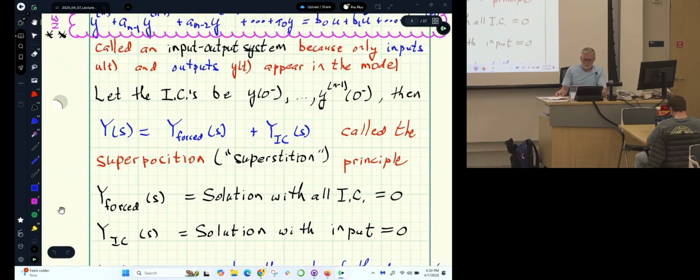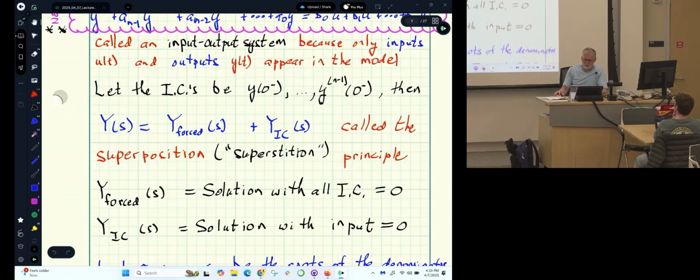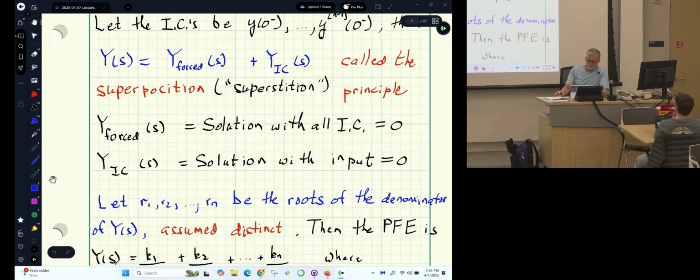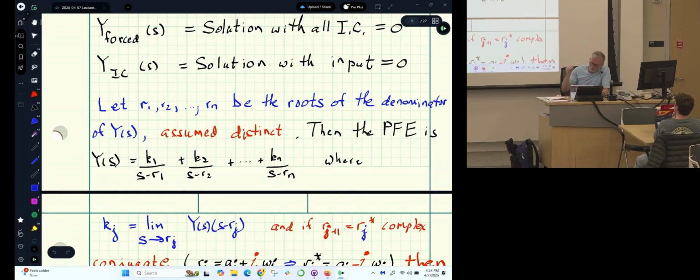And so if you're looking at y forced, that means you're ignoring the initial conditions or setting them equal to 0. And if you're looking at y initial condition, it's the same as setting all of the inputs to 0. And then qualitatively understanding what y is doing, this is why the Laplace transform is useful.